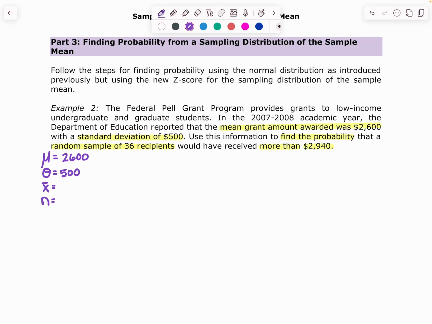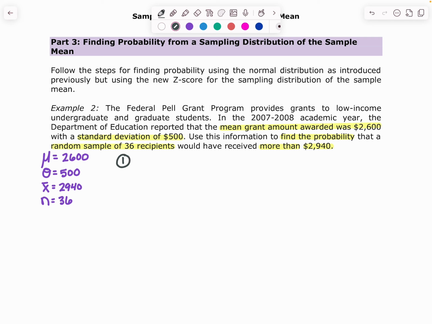X bar is the 2,940, the amount that the random sample would have received more than. And then n is our 36 recipients. So this just helps me organize all of the numbers that I've been given.